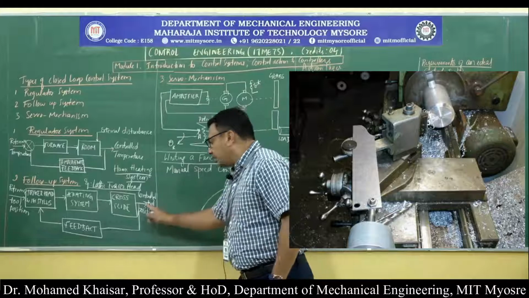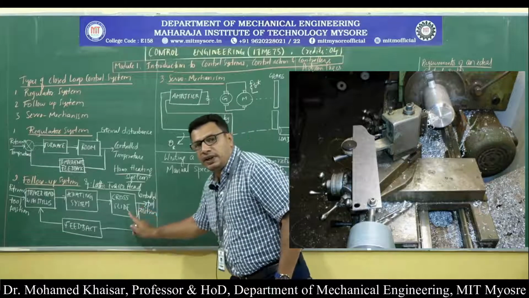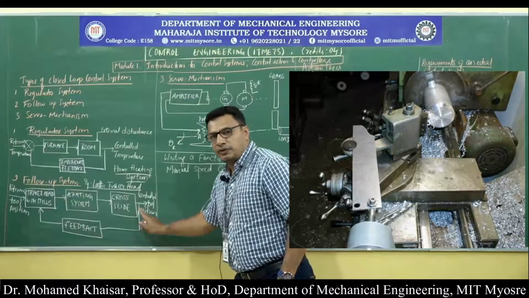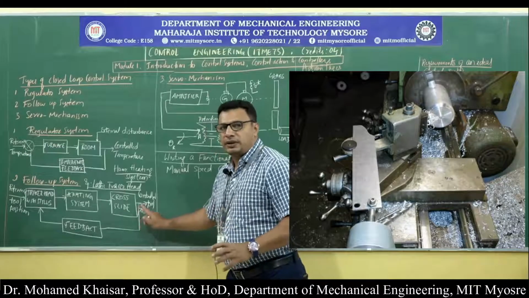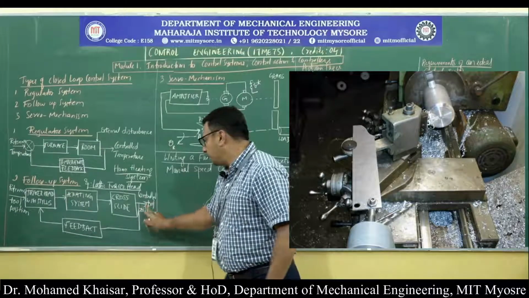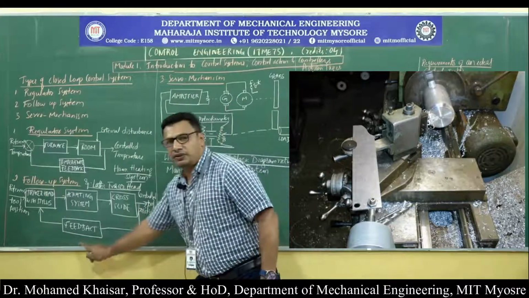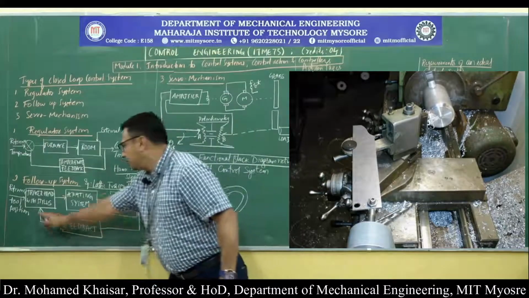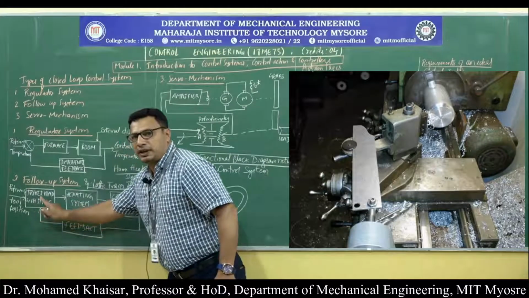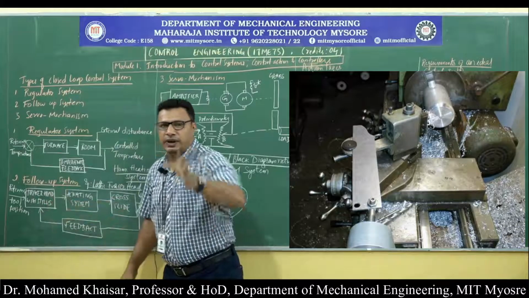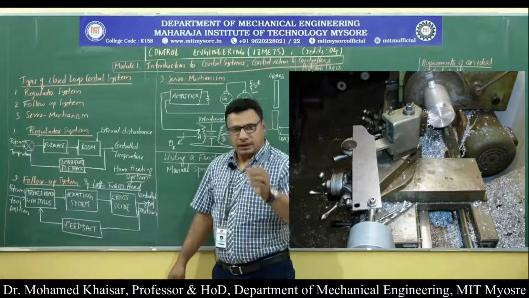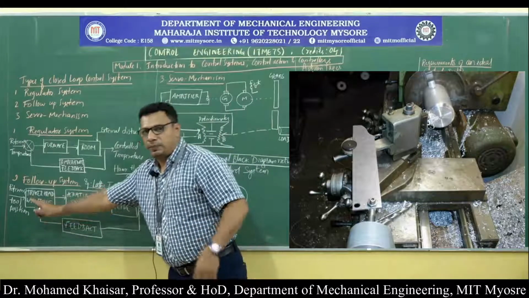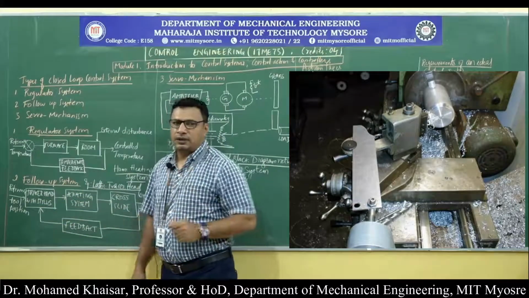If suppose the cutting tool is deviating a bit, the tool position will be sensed by the feedback in terms of the tracer head, and it tries to bring the tool back into the position where, according to the tracer head, it has to be at that amount of time.